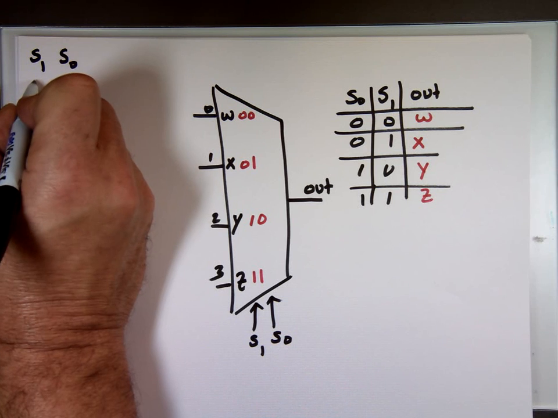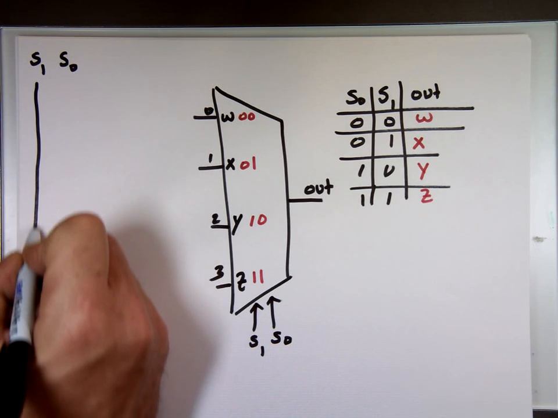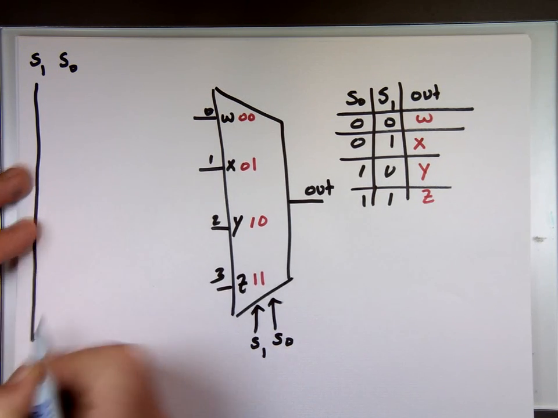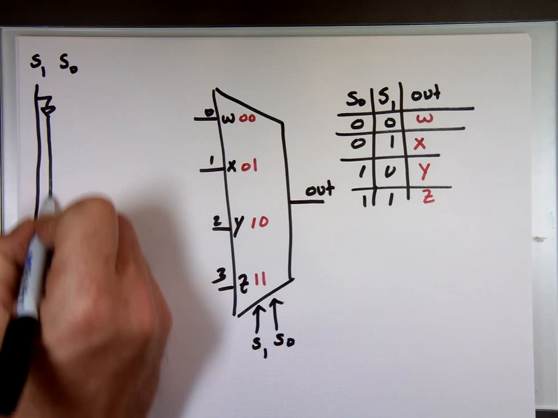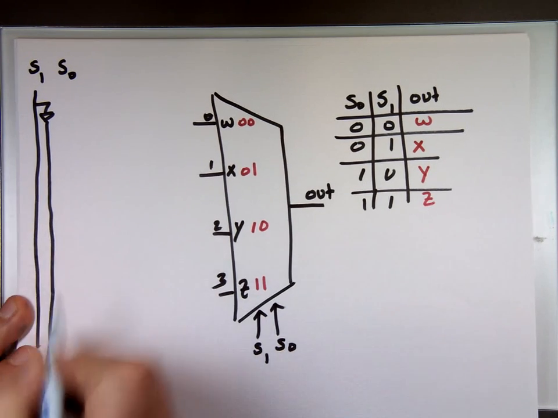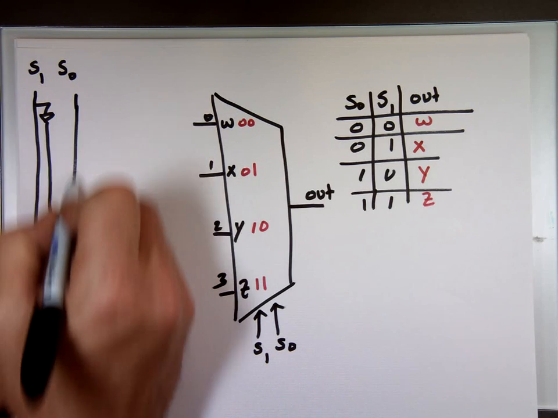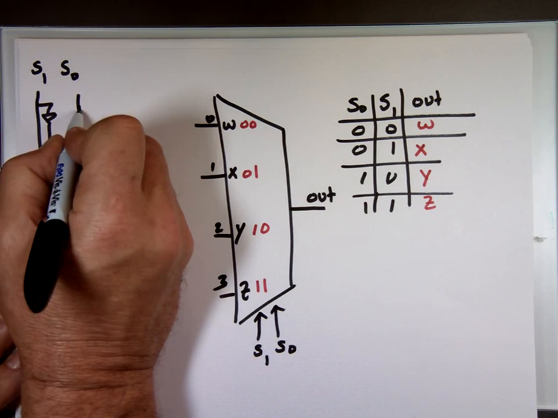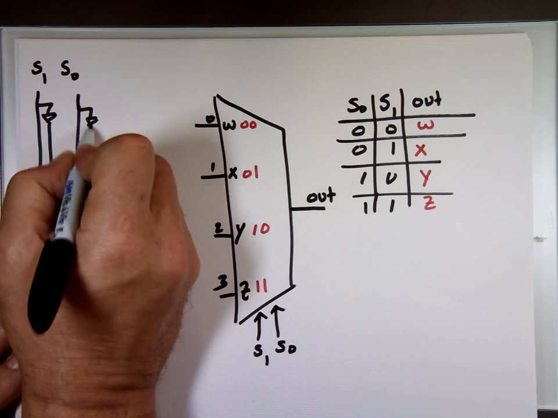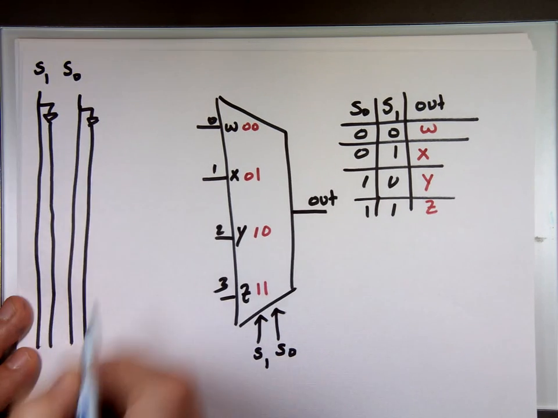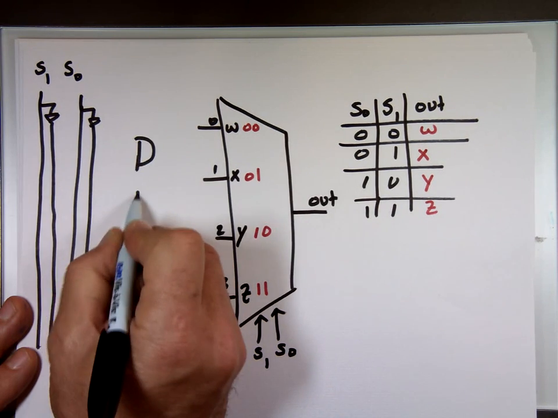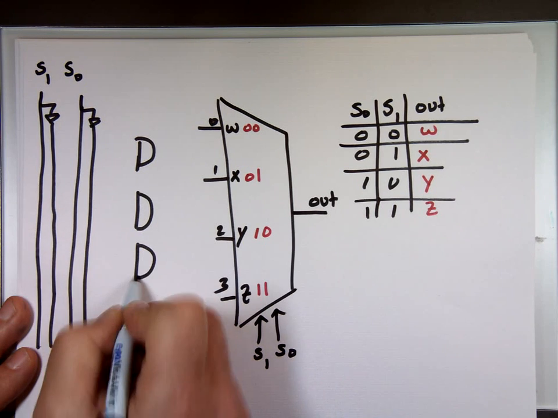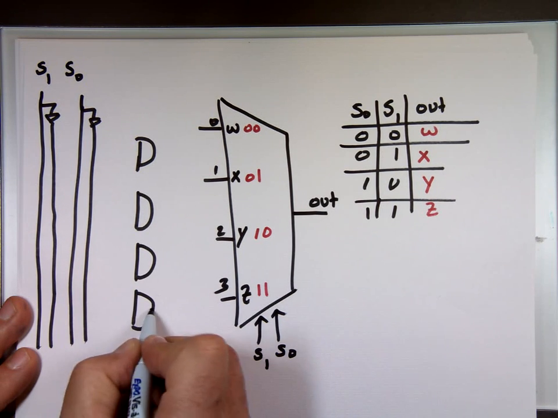I'm thinking in my head I should have left more space for it. There are going to be 4 AND gates. They all get ORed together.